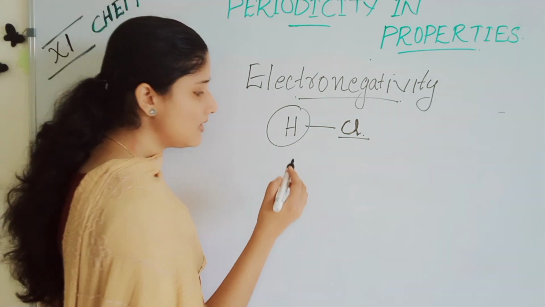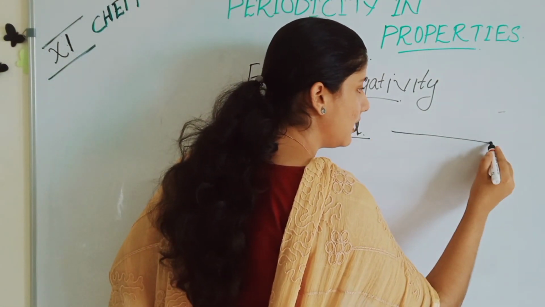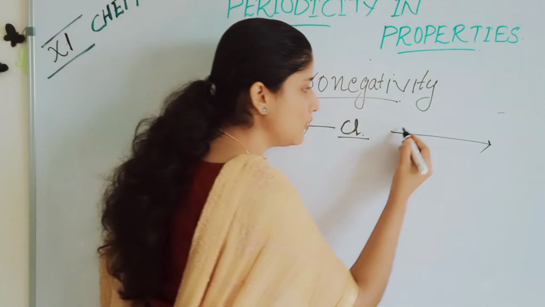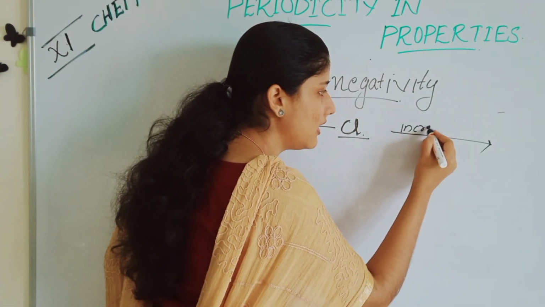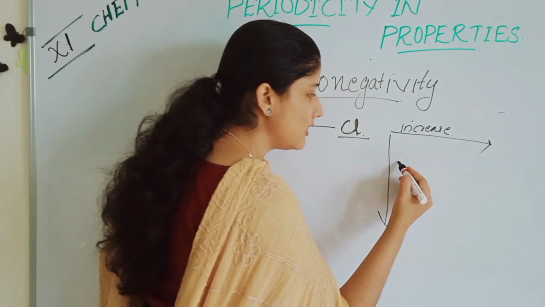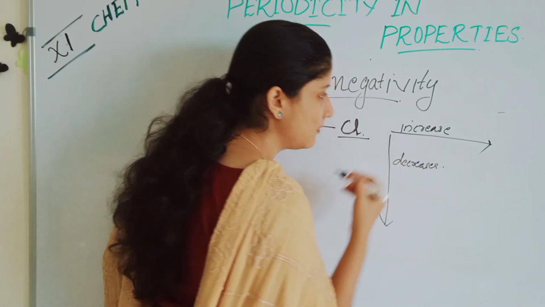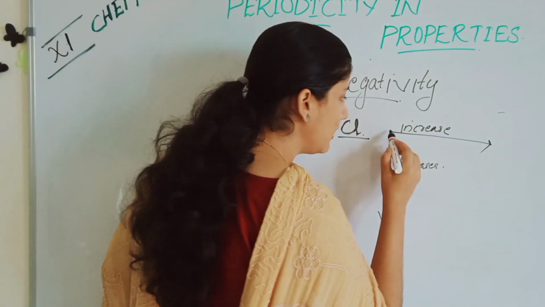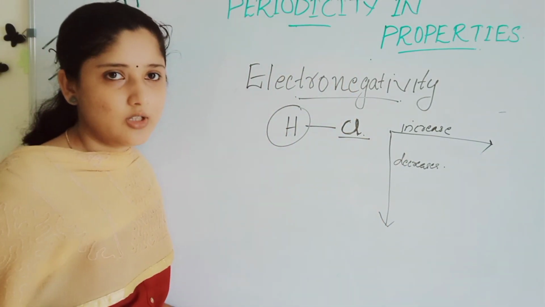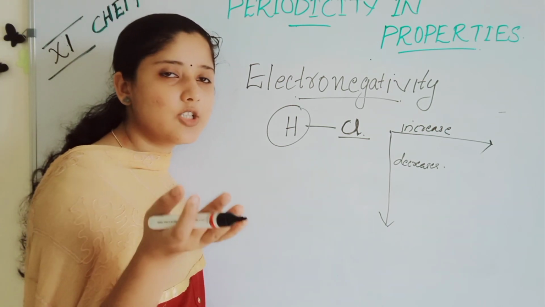Next, let's consider the usual trend. From left to right in a period, electronegativity increases, and from top to bottom in a group, electronegativity decreases. We know that atomic radii decrease from left to right due to the increase in nuclear charge. So it is comparatively easy for a smaller atom to attract a shared pair of electrons.